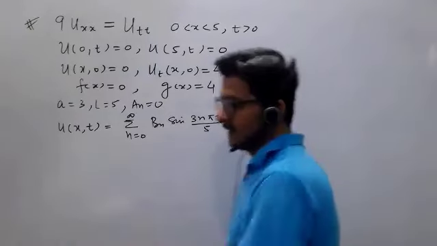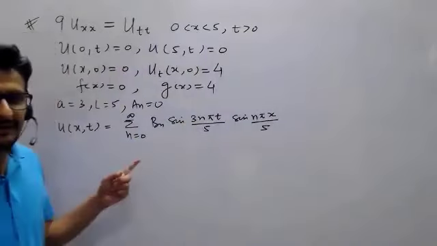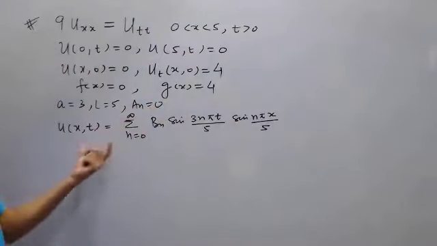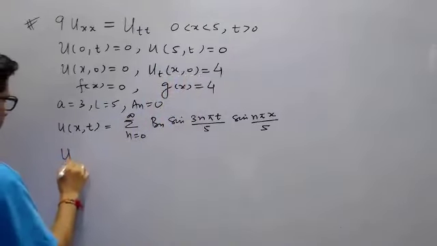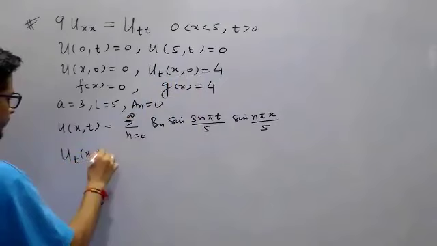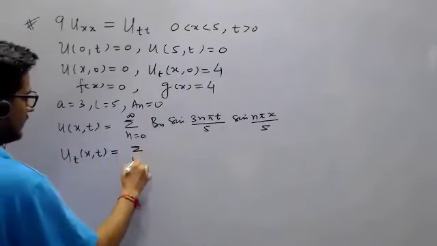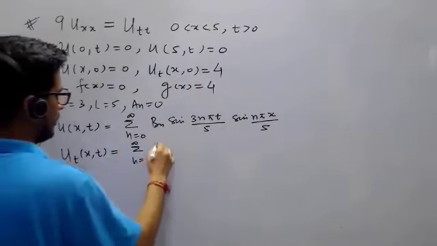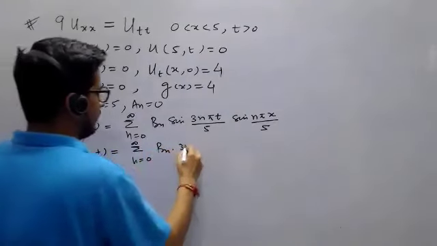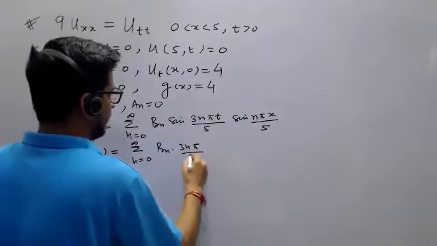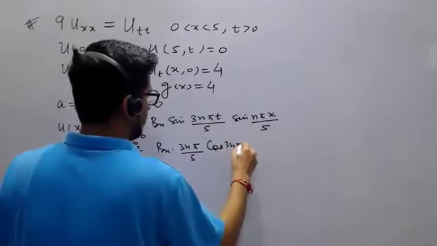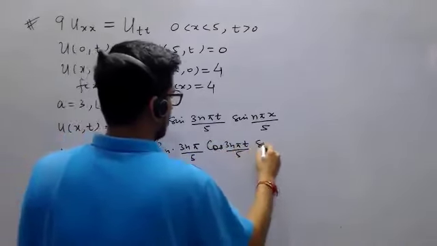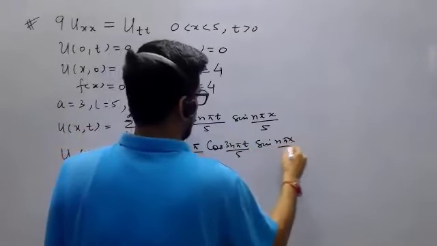Now you know how to write. I have told you the formula also, but let us derive it, because if we forget, how will we derive it? So first of all, get u_t(x, t), that will be summation n is equal to 0 to infinity b_n (3n pi by 5) cos(3n pi t by 5) sin(n pi x by 5).